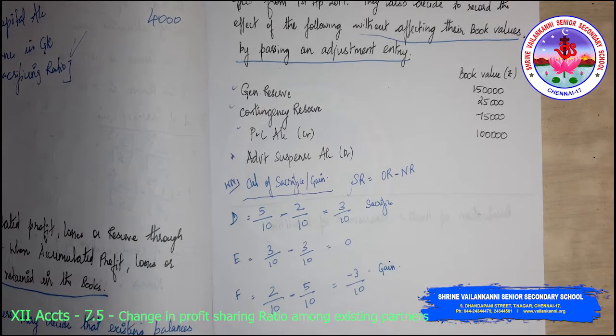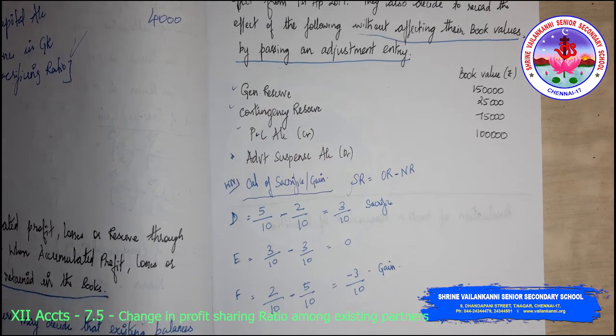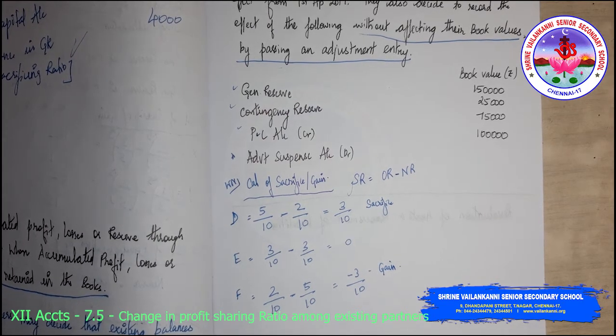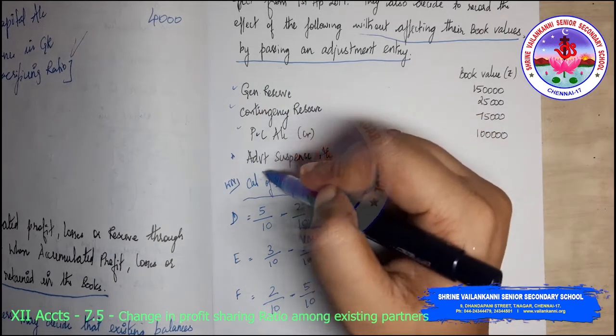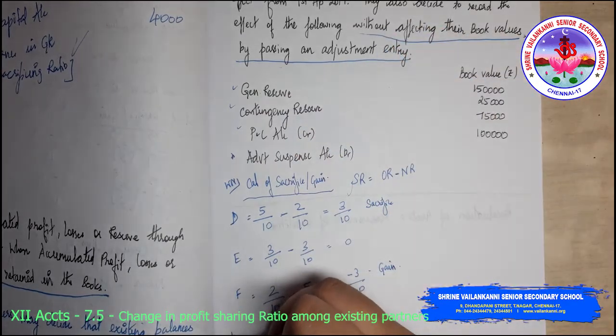Now we have to pass an adjustment entry alone. Am I right? So what we are supposed to do, we need to calculate the amount for that adjustment. So total of the liability minus the asset. So working note 2.